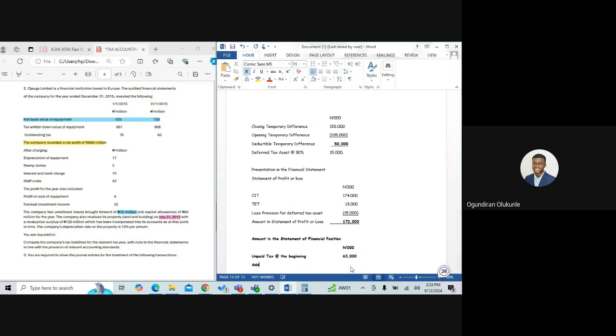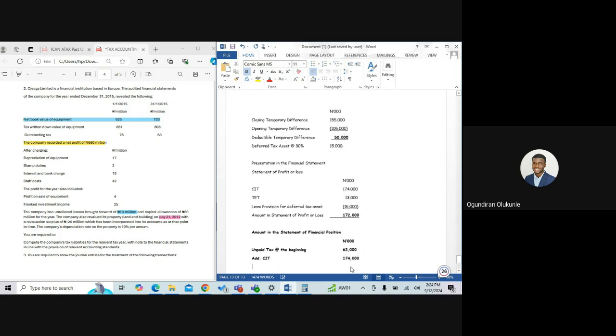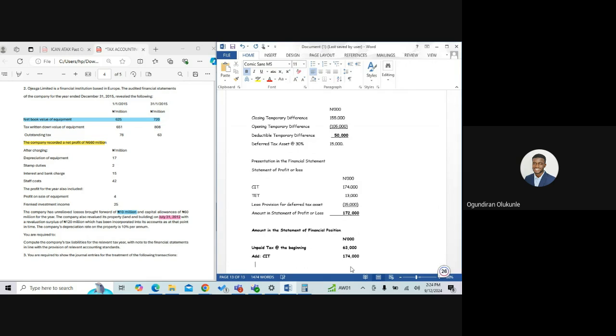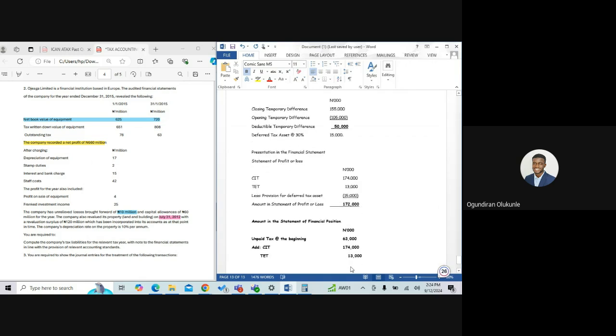Then add CIT. How much is CIT? 174,000. Then TET is how much? 13,000, right?